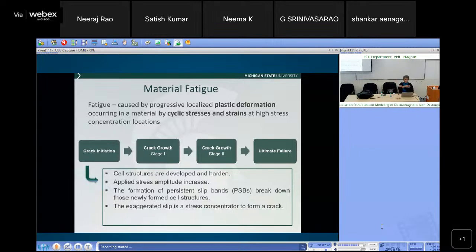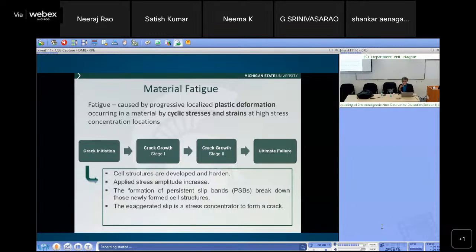And ultimately, of course, the crack grows large enough that the material can fail completely. Okay. So people in the material science department have probably studied the crack initiation and growth at cellular level, okay, at microscopic level. And it's very difficult to detect them at microscopic level because none of our sensors are that sensitive.